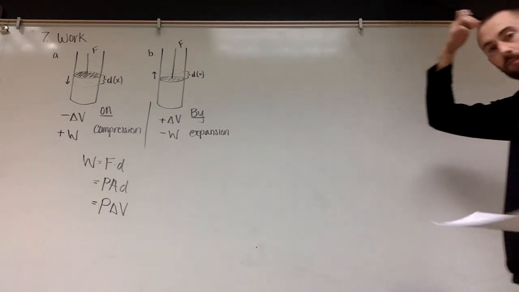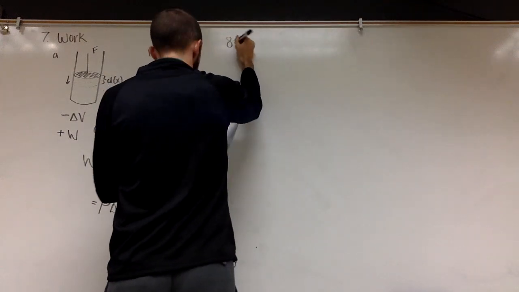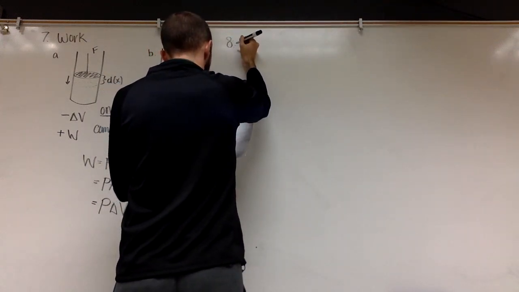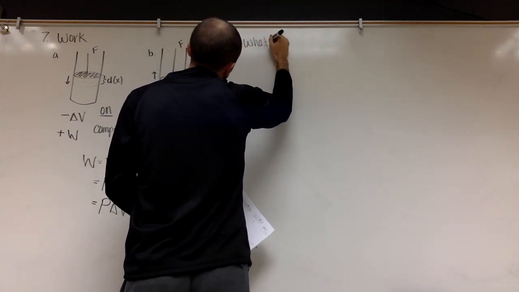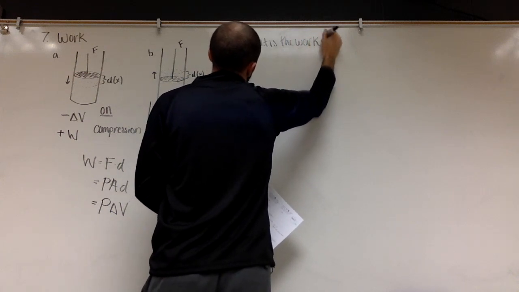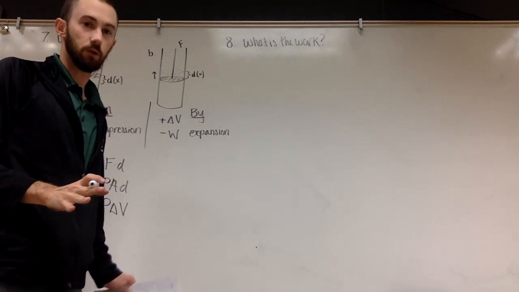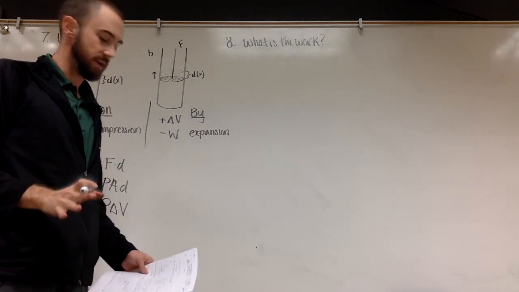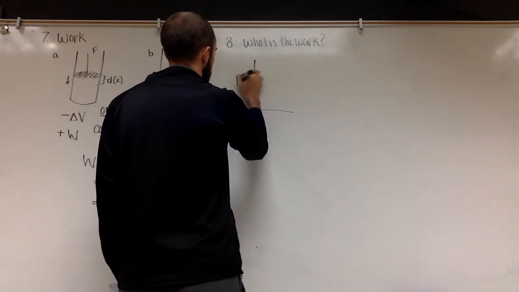Using that, I want us to figure out, for the two graphs that I'm about to draw, what is the work done on the following graphs. So here we go. What is the work? I want you guys just to take a second, pause when I get to it, and fill in the area of the net work done by the system.